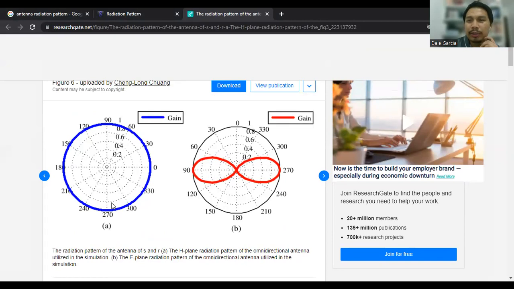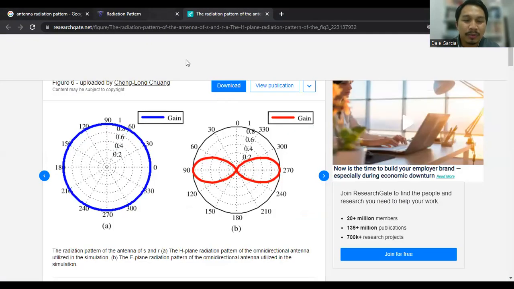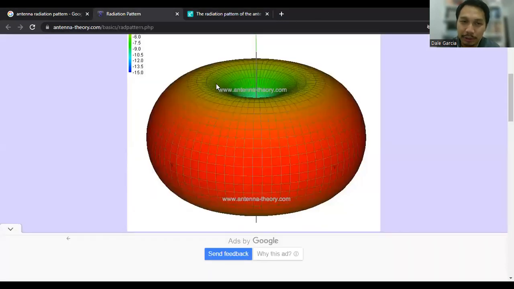So if this is the 2D representation, believe it or not, class, the 3D representation is more or less like this. Like a donut, exactly. So this is how it is generated; the actual 3D shape is the actual radiation pattern.